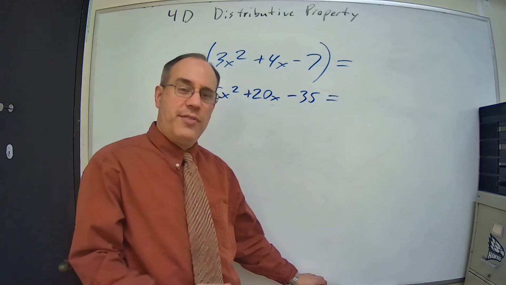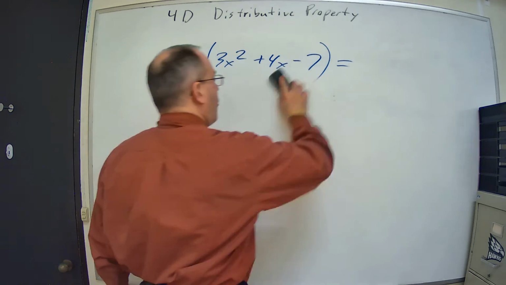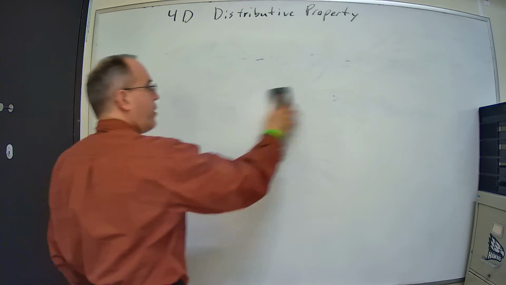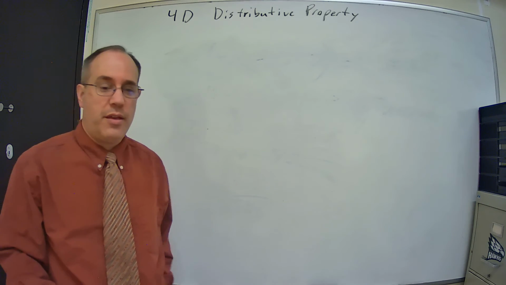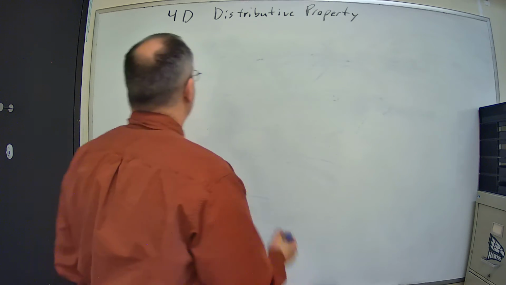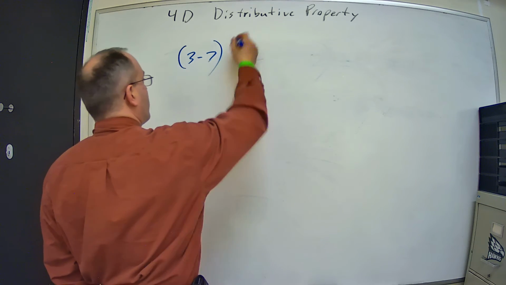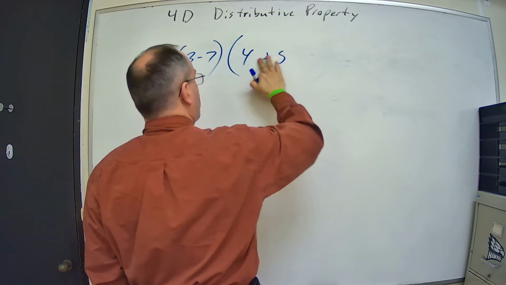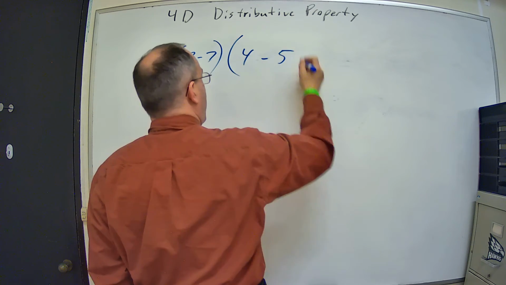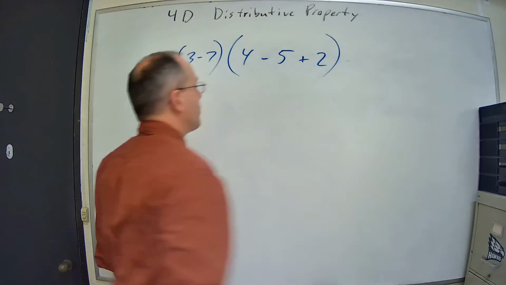But realize we could even go further into this and say, well, what we've been multiplying by at this point are single digits or single terms. But what if I had something like this? 3 minus 7 times 4, we'll actually make it minus 5 plus 2.